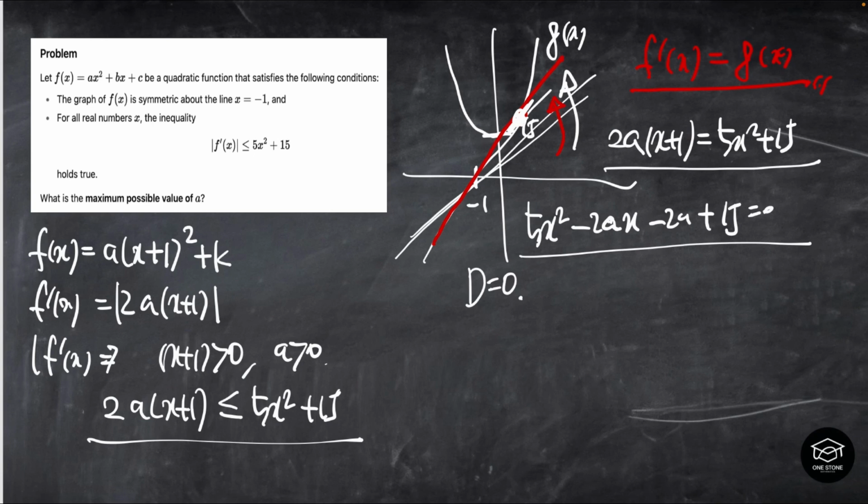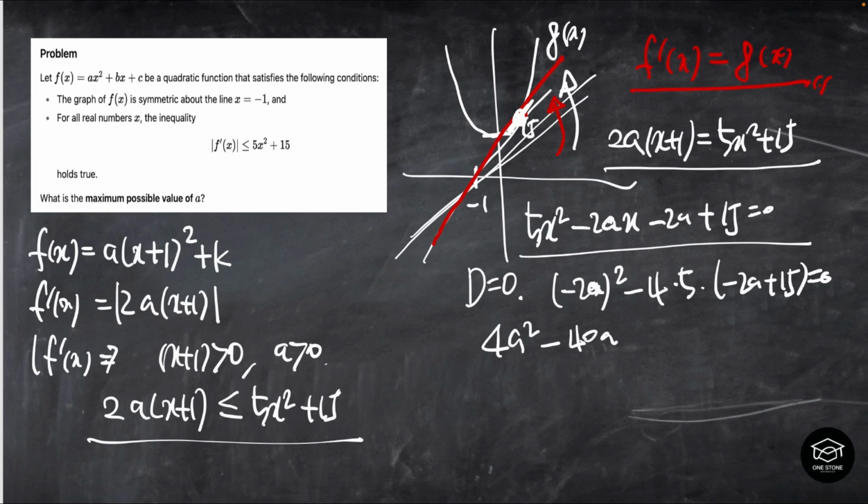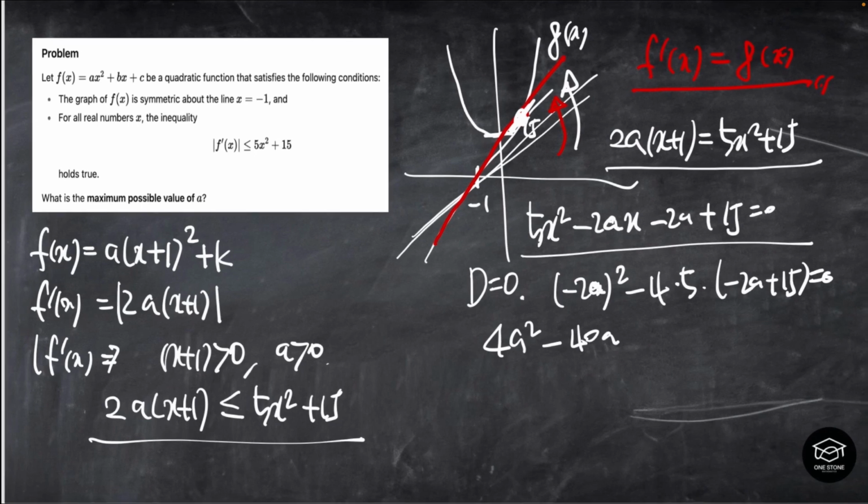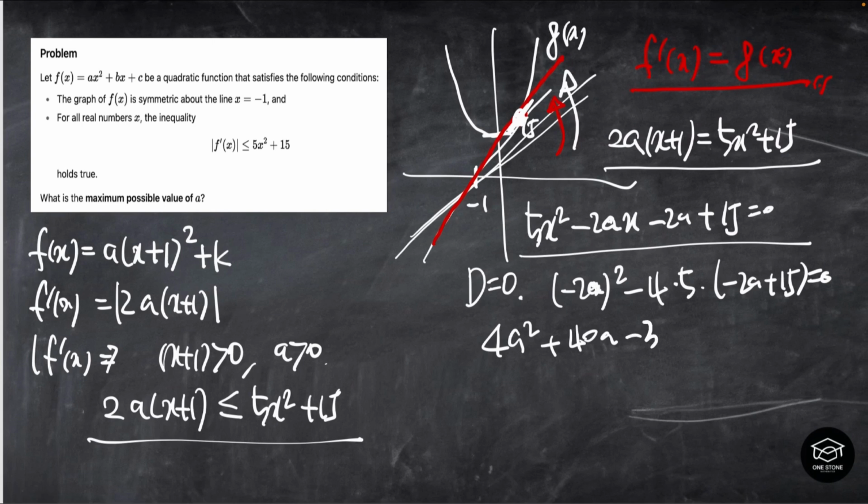This is a quadratic in x. If the graphs are tangent, then this equation has exactly one real solution, which means the discriminant is 0. Let's compute the discriminant. (-2a)² gives 4a², minus 4 times 5 times the expression (-2a + 15), that expands to 4a² + 40a - 300.